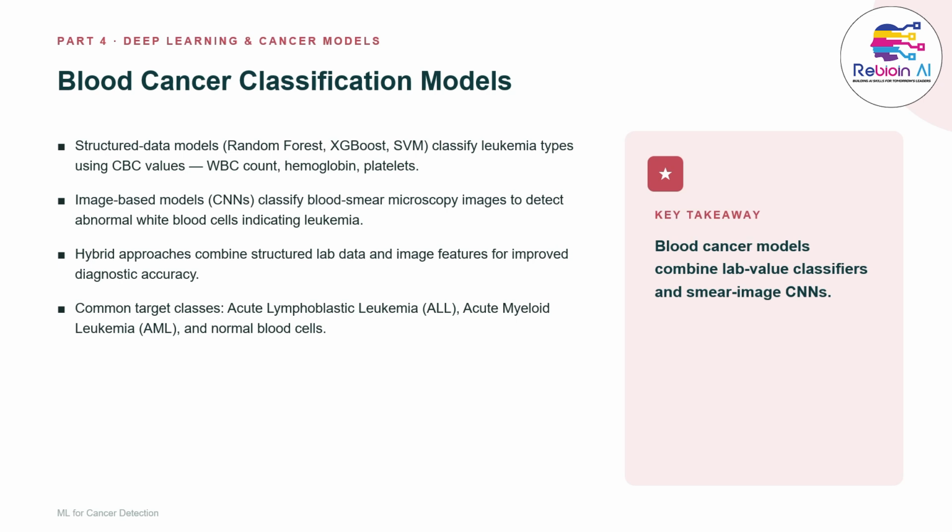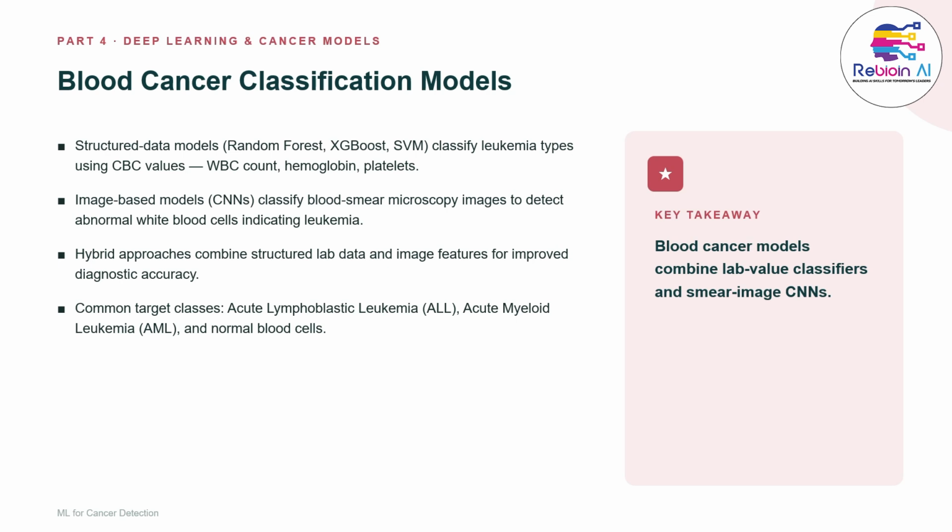Increasingly, researchers combine both, a hybrid approach, feeding lab values and features into a combined model. The common target categories are acute lymphoblastic leukemia, that is ALL, and acute myeloid leukemia, that is AML, and simply normal cells.